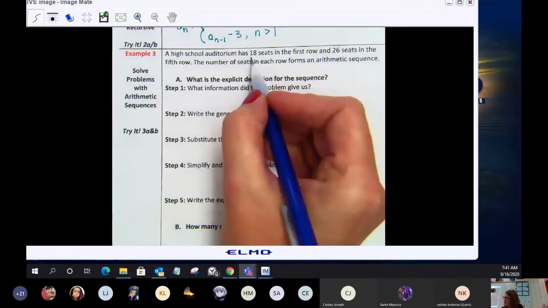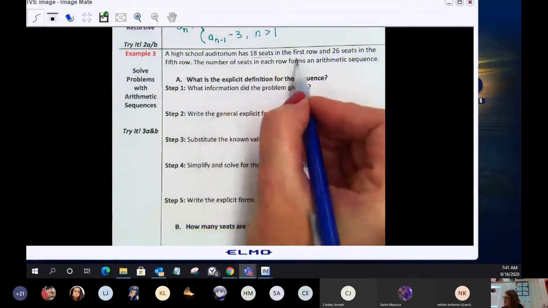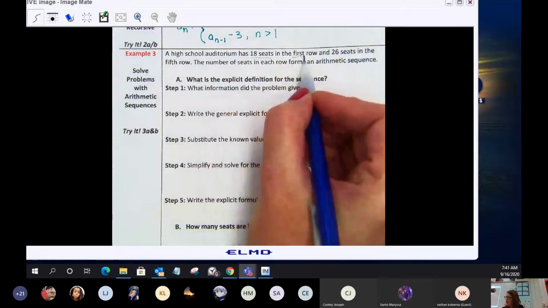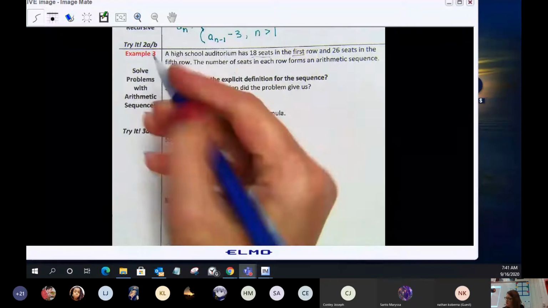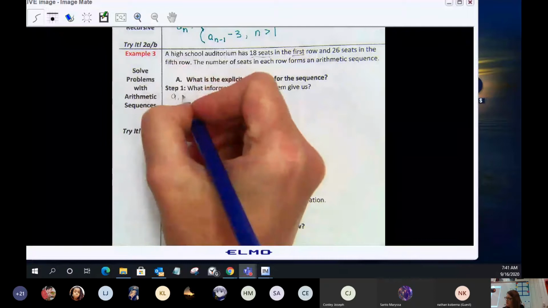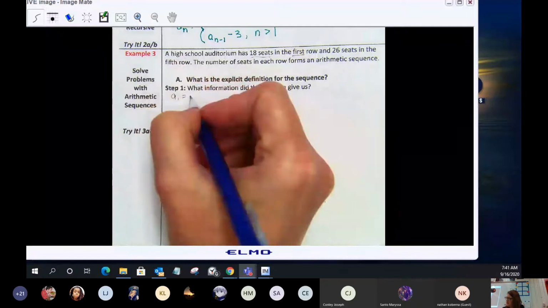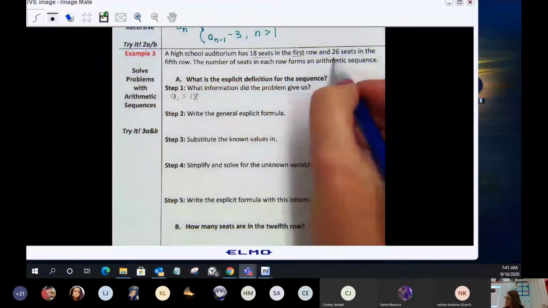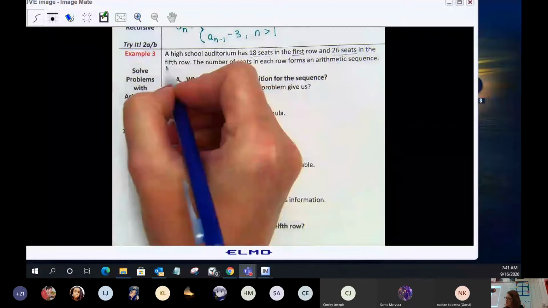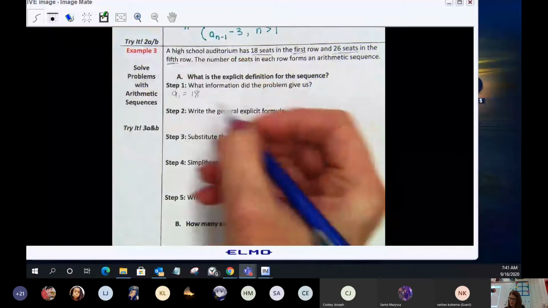Right here it says it has 18 seats in the first row. That tells me that my a sub 1, my first term, equals 18. It has 26 seats in the fifth row. We're going to consider that this is the last row.